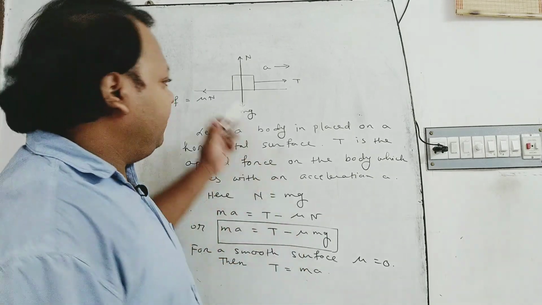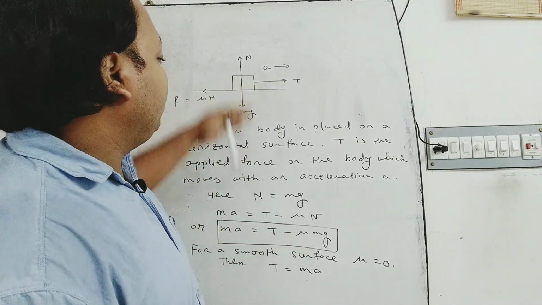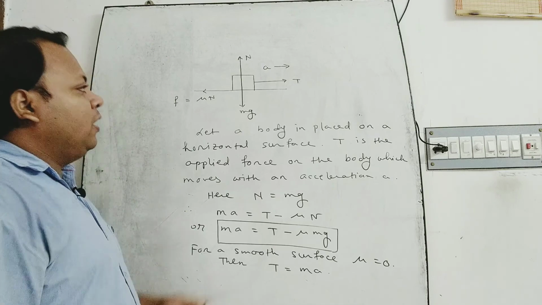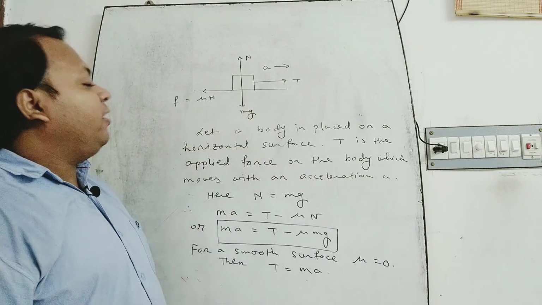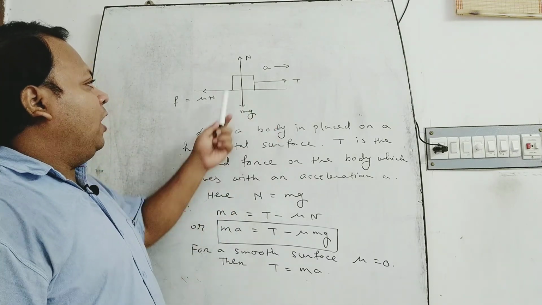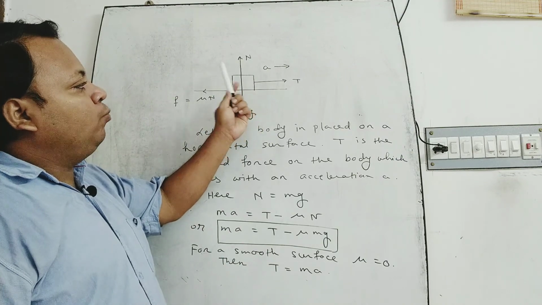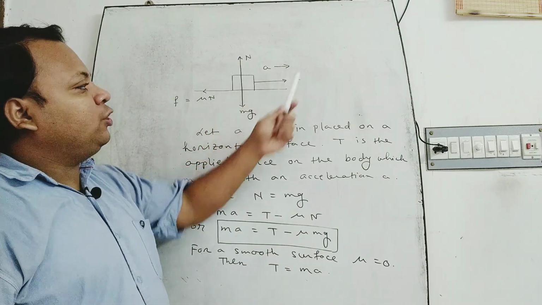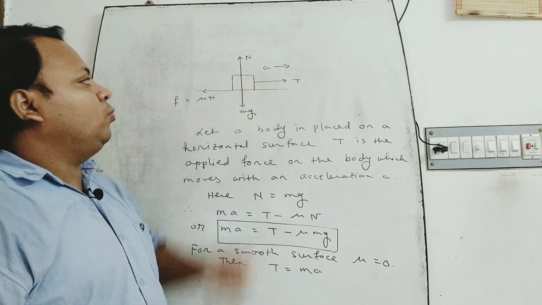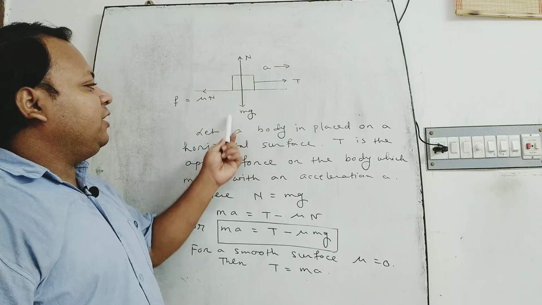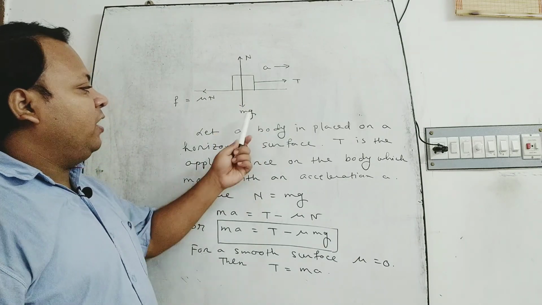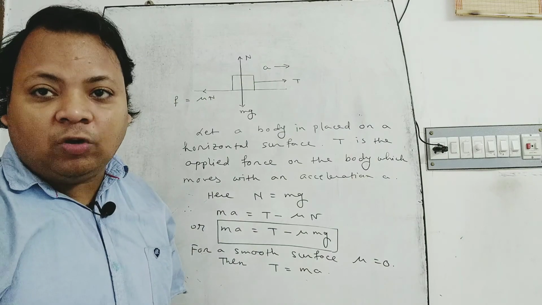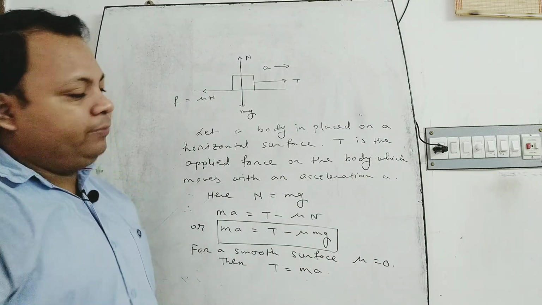Let a body be placed on a horizontal surface. Capital T is the applied force, and therefore the body moves along the direction of the force with an acceleration small a. mg is the weight of the body, where small g is the acceleration due to gravity.